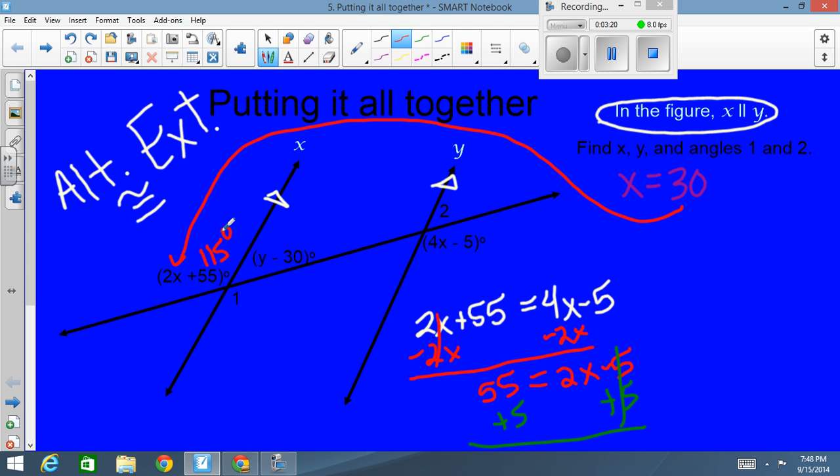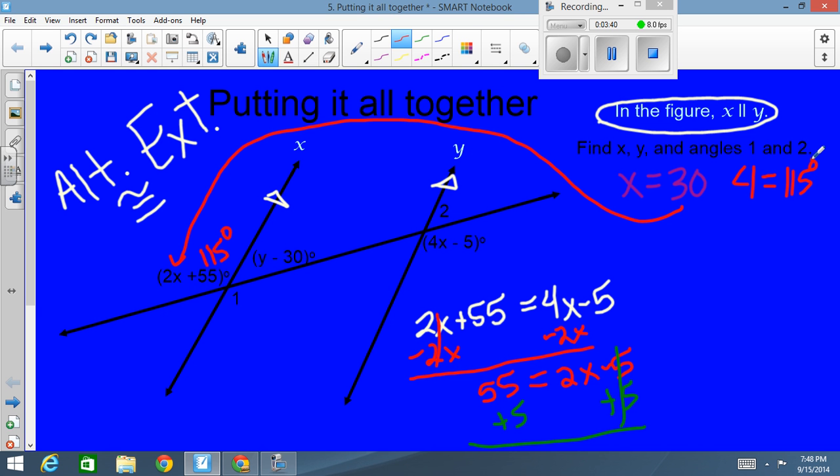That's huge. First reason that's huge is now I know angle 1. Angle 1 is vertical to the 115 degree angle. Those are vertical angles, and we know vertical angles are always congruent. So angle 1 we also know to be 115 degrees.